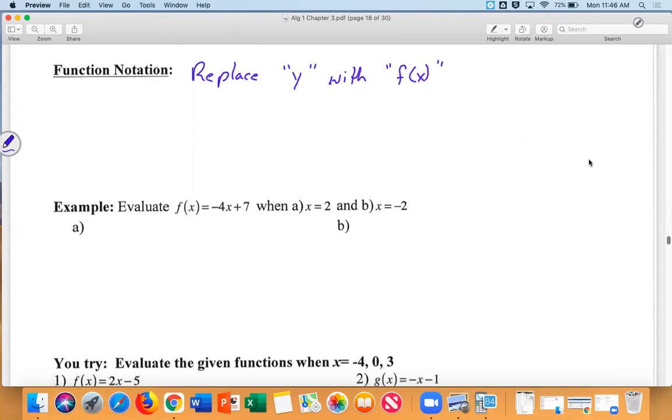Well, more variables typically means the problems are more difficult. But here, they want to replace the Y with F of X. And it's read F of X, or a function of X. Make sense to you guys?